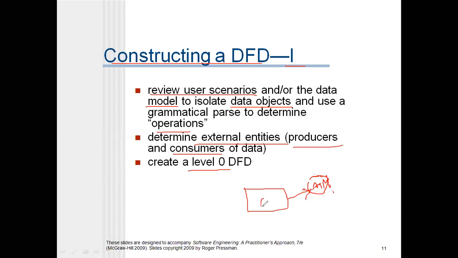The customer is an external entity here. He may produce some data by inserting an ATM card. This is the ATM machine. This ATM machine will process the data based on a customer request, and after finishing its service, it will give the requested amount to the customer.